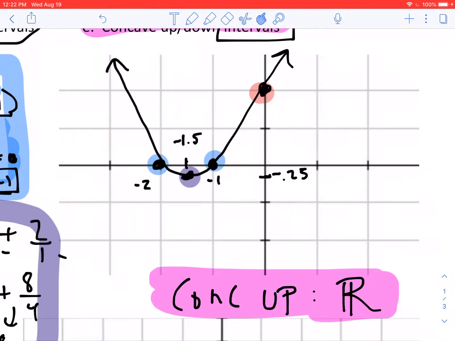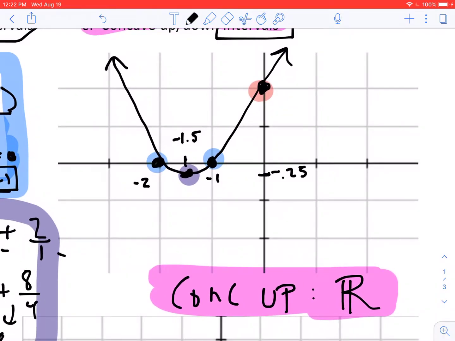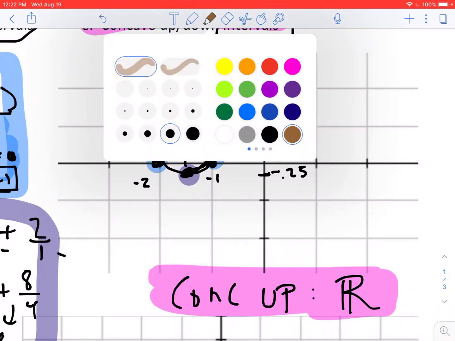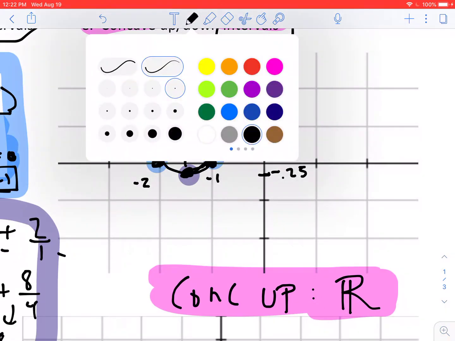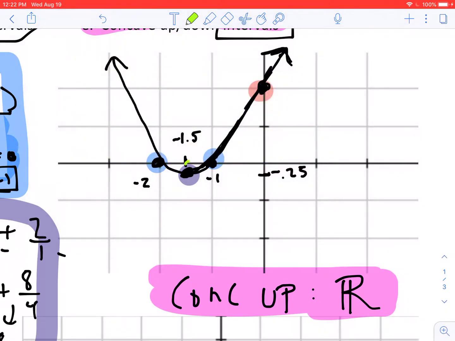I hope you agree that from here and beyond, all of this is a section of the graph that is increasing. It is increasing on the x-axis from here and beyond. Okay?